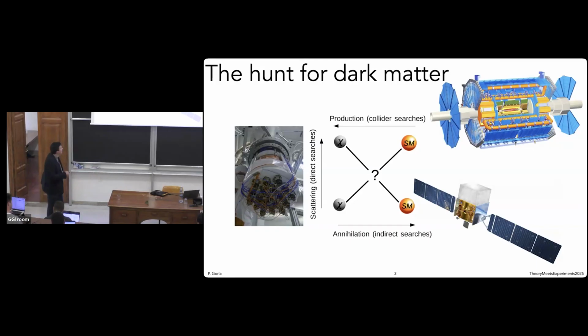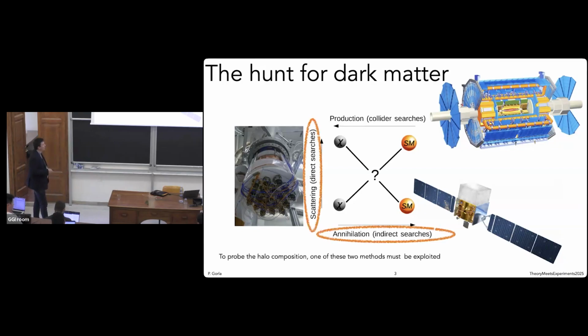These methods are not actually the same, because to probe the halo composition, what is the content of matter that we are missing in the universe, we need to go through one of these two, while in this way we can access probably even particles that are not necessarily components of the halo.